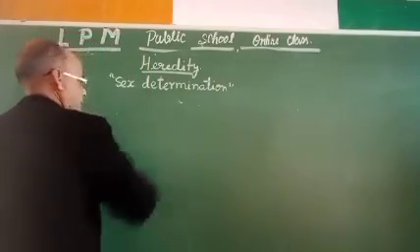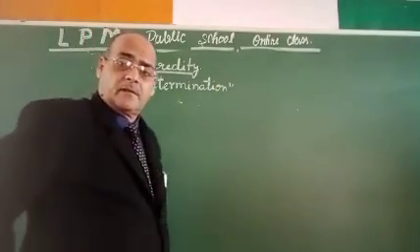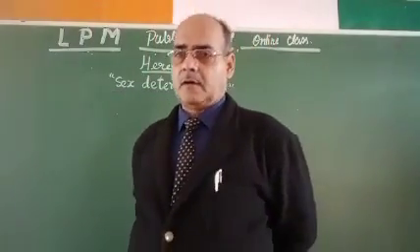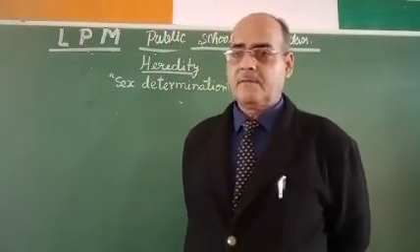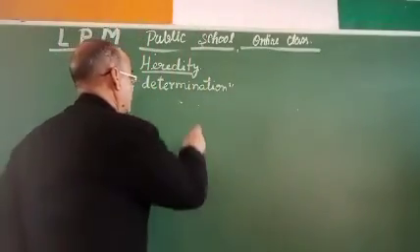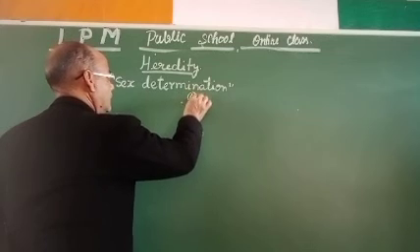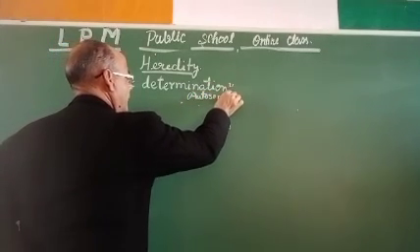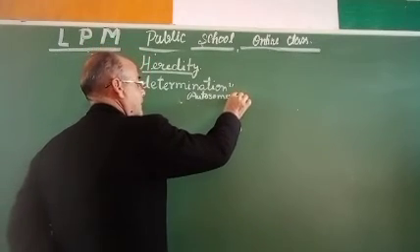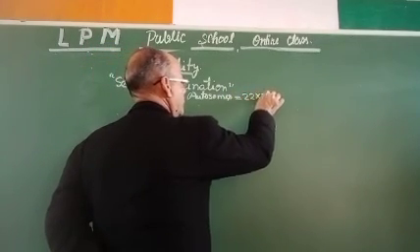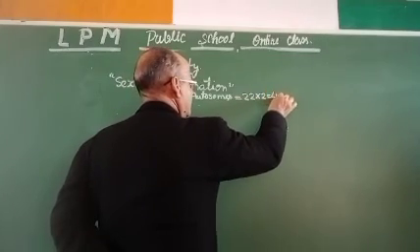Sex determination. My dear students, there are two types of chromosomes which are found in the human cell. These chromosomes are autosomes, which are present in 22 pairs, 22 into 2, that is 44.